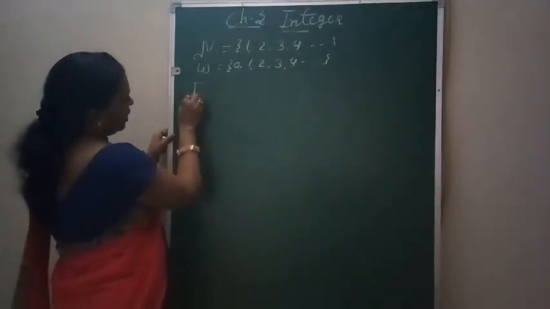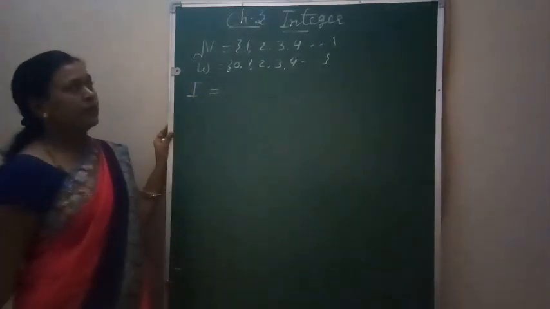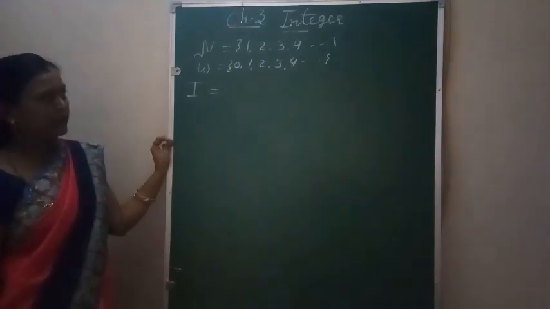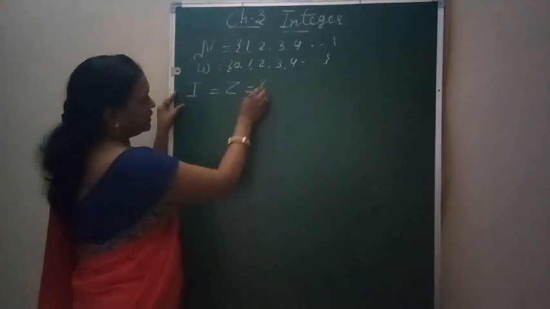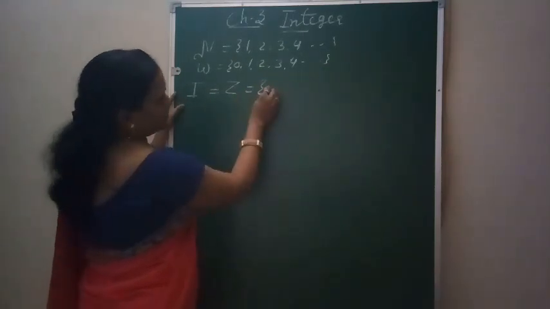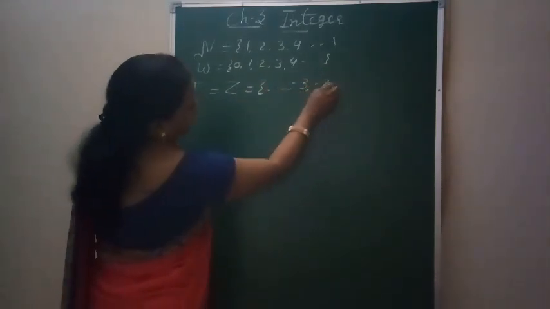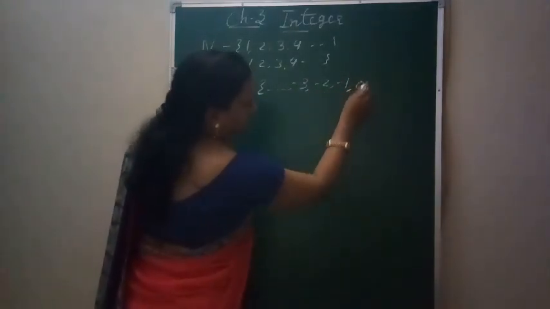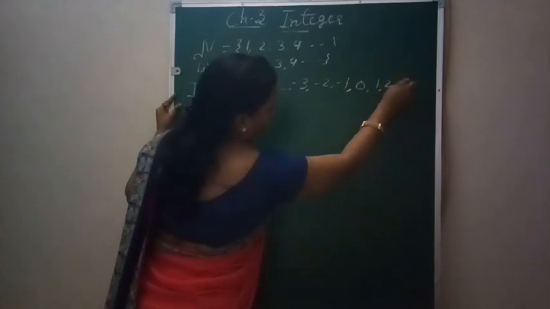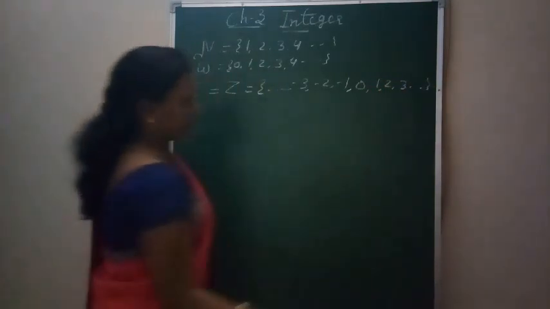When we talk about integers, generally the set of integers is denoted by capital I or capital Z. So when we see the set of integers, there are negative numbers, then 0 and positive numbers.